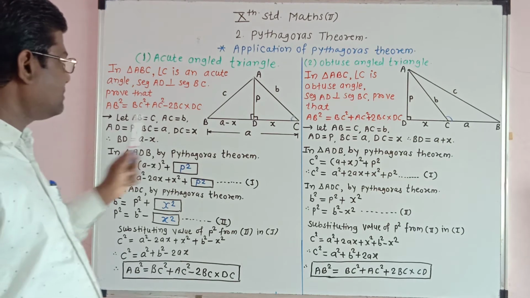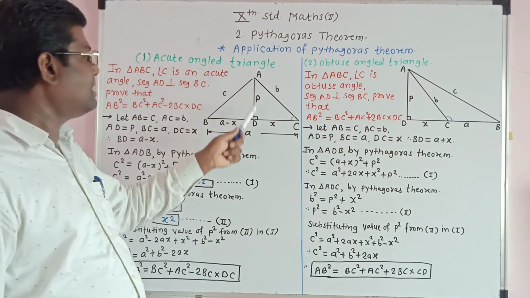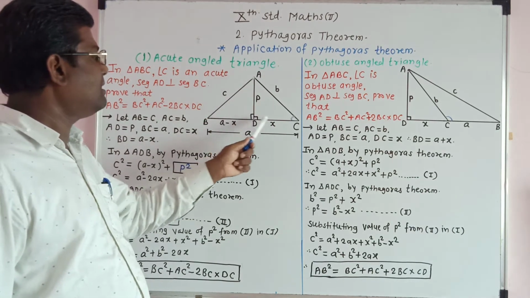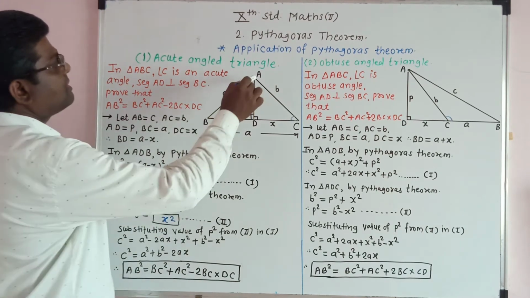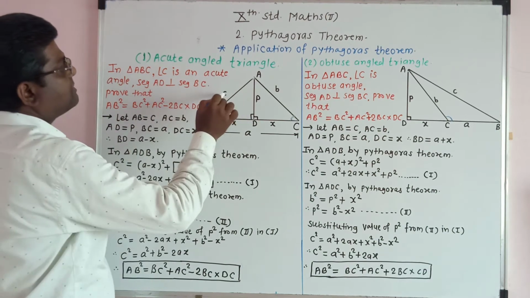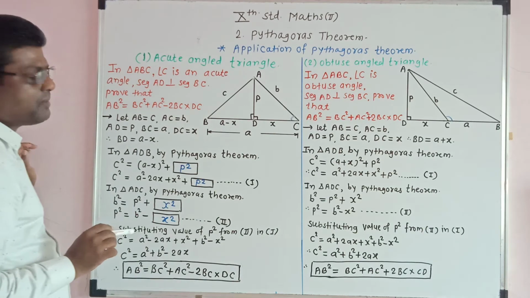Here there are two right angled triangles, triangle ADB and triangle ADC. Now consider right angled triangle ADB. In this triangle c is the hypotenuse and p and a minus x are perpendicular sides.